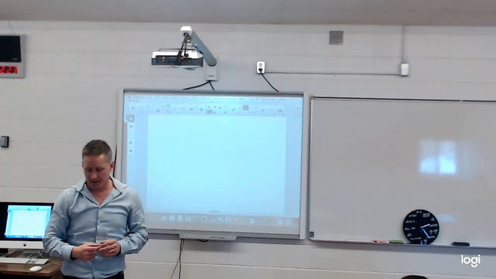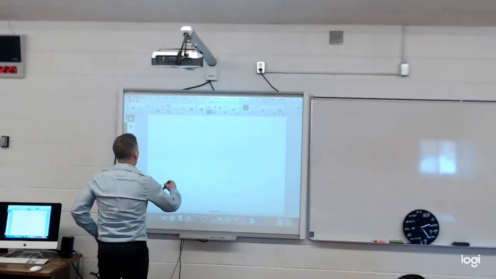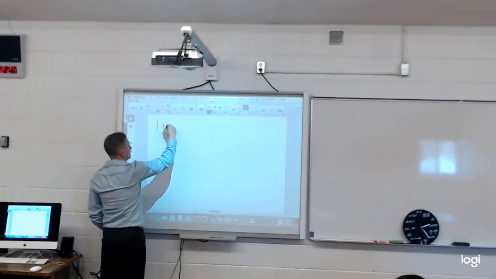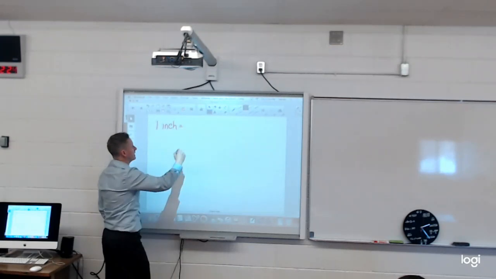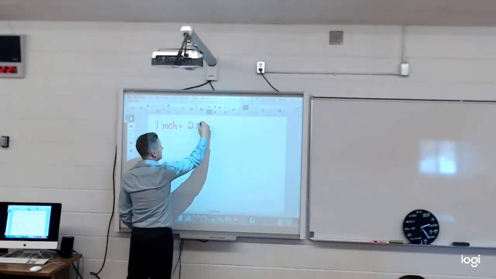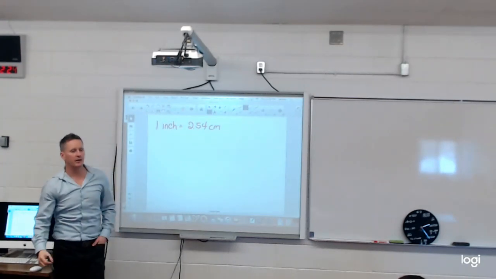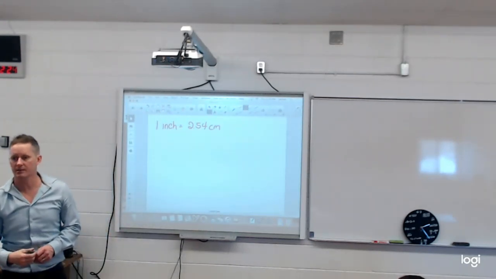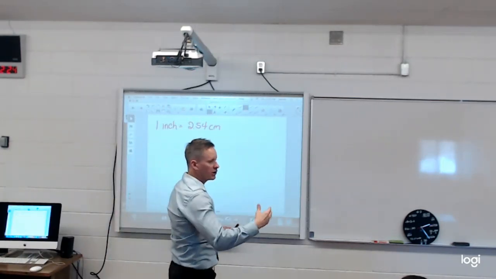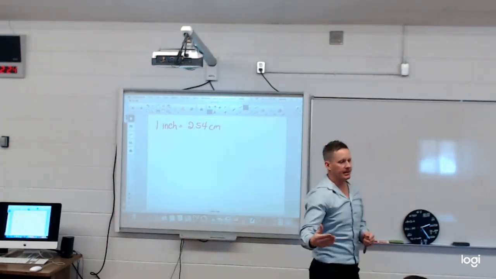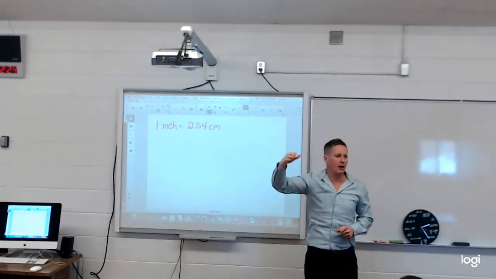Now, the main and most important ratio we need to know when it comes to using these two particular conversions is this: 1 inch is equivalent to 2.54 centimeters. That's the most important conversion that you want to work with, because once we get out of this part, we start rounding a lot.